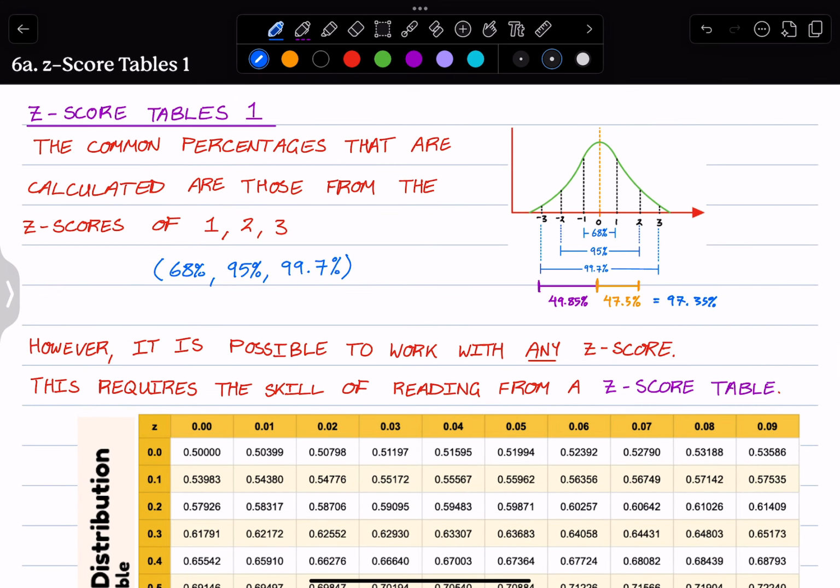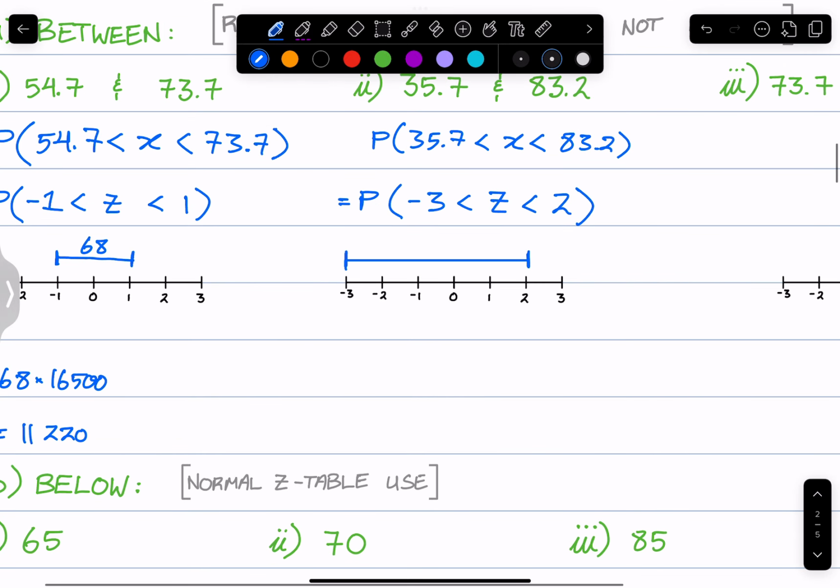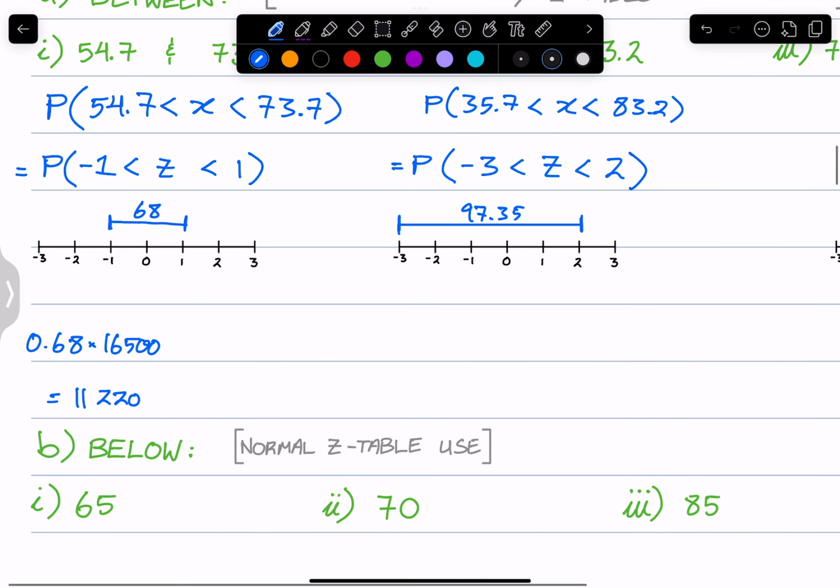So that is the number we are going to be working with. So the percentage here is 97.35, so that's simply 0.9735 times 16,500.